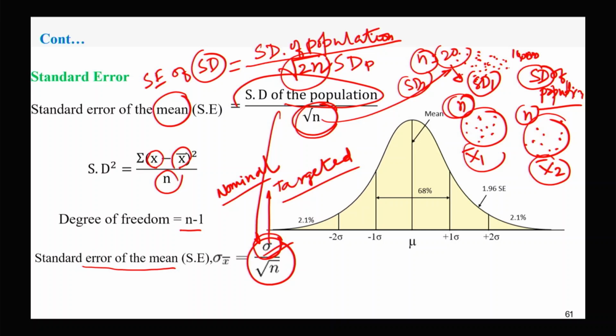So this standard deviation cannot be calculated based on a large number of population, because it is a population standard deviation.